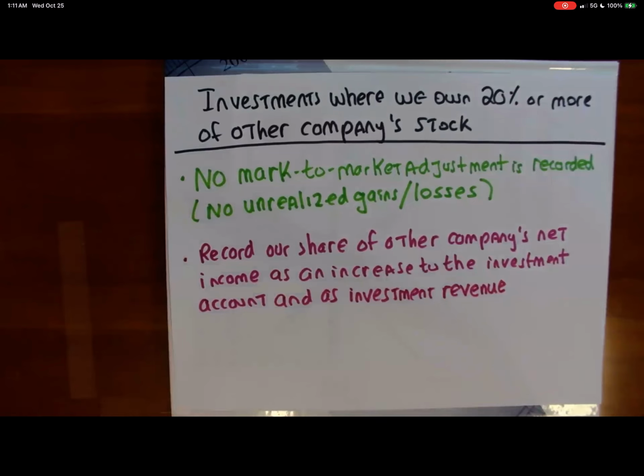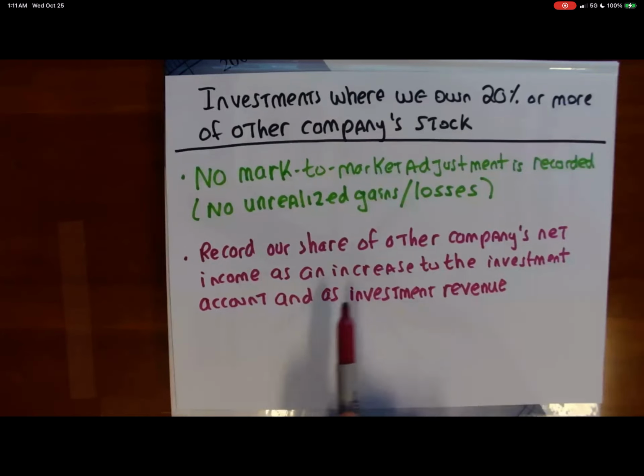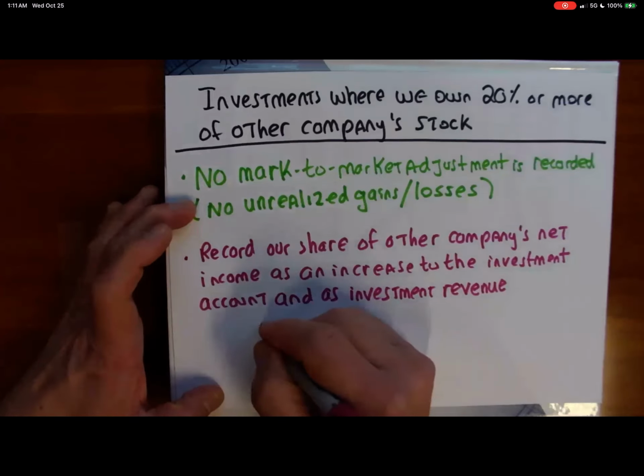In fact, let me give you the journal entry. And I kind of think you should be able to piece the journal entry together just based on the words I've written. We are going to increase the investment account, and we know the investment is an asset. And to increase an asset, you debit the asset account.